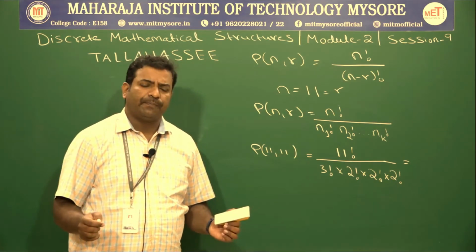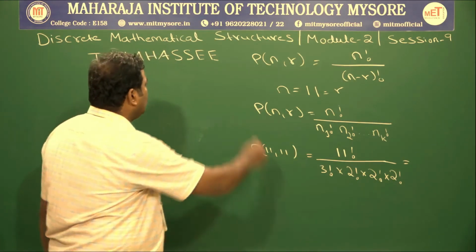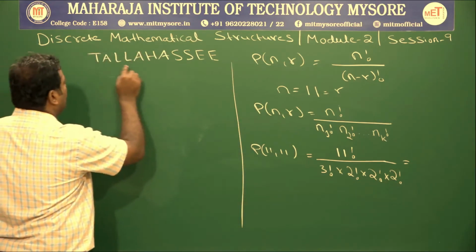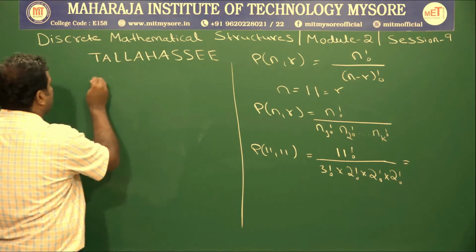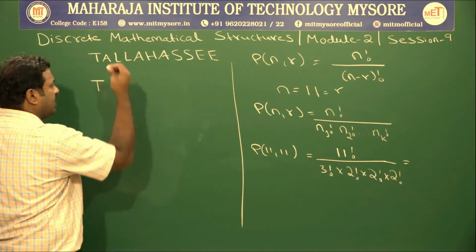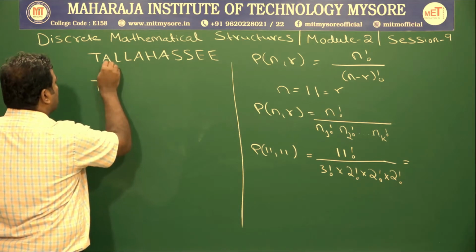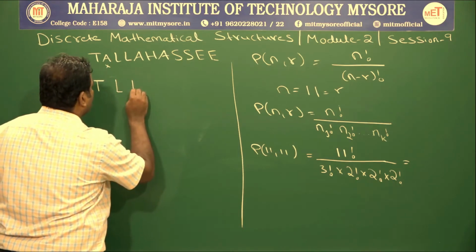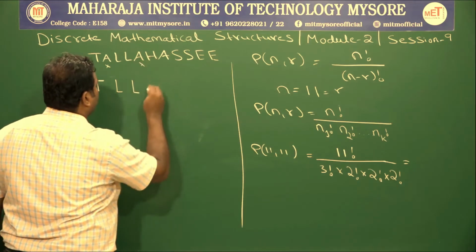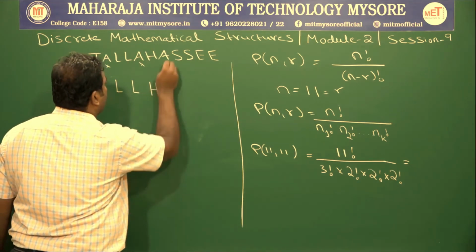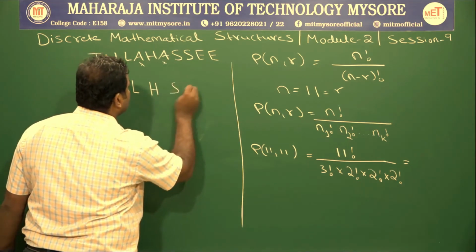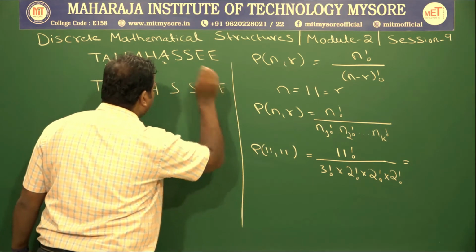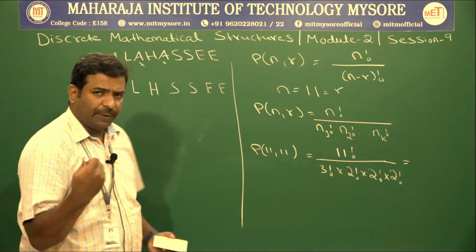To solve this, I am going to take all the characters, leaving out the A's: L, L, H, S, S, E, and E. I have removed all the 3 A's now.